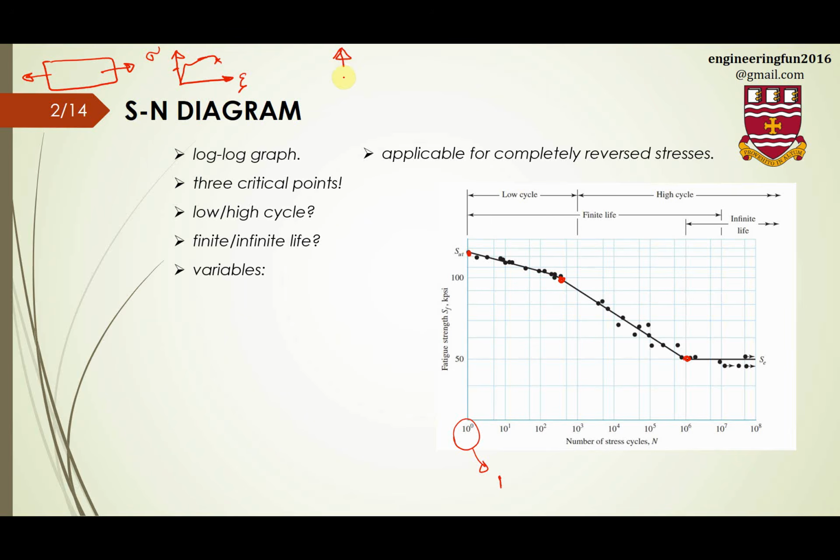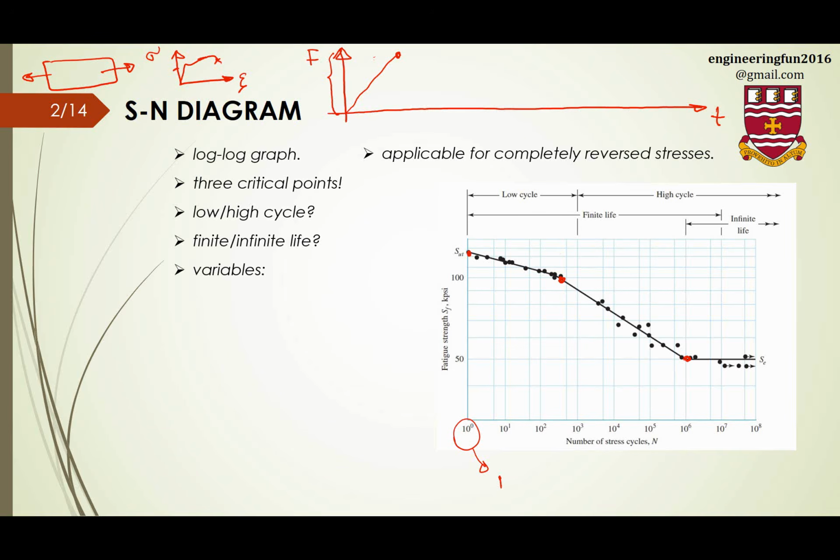If I want to draw a load-time diagram for that one, that means we start putting load on the material until failure happens. So the amount of load is this much, and after 1 cycle, failure happens.